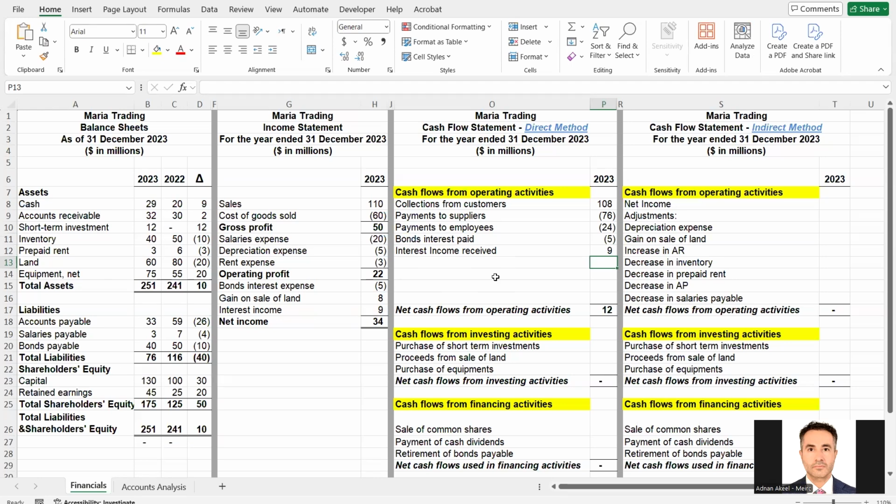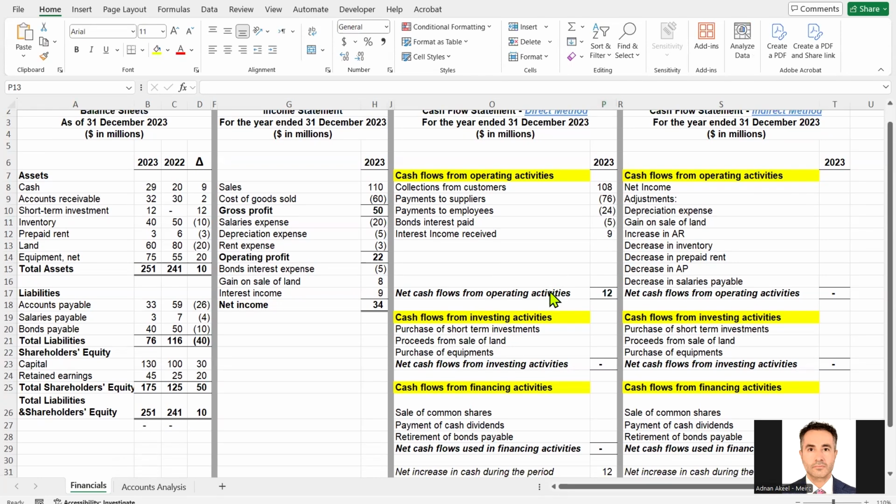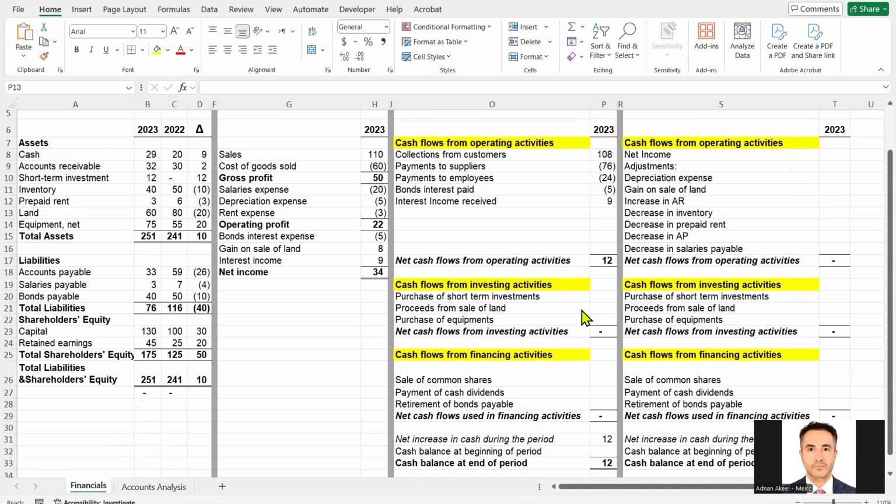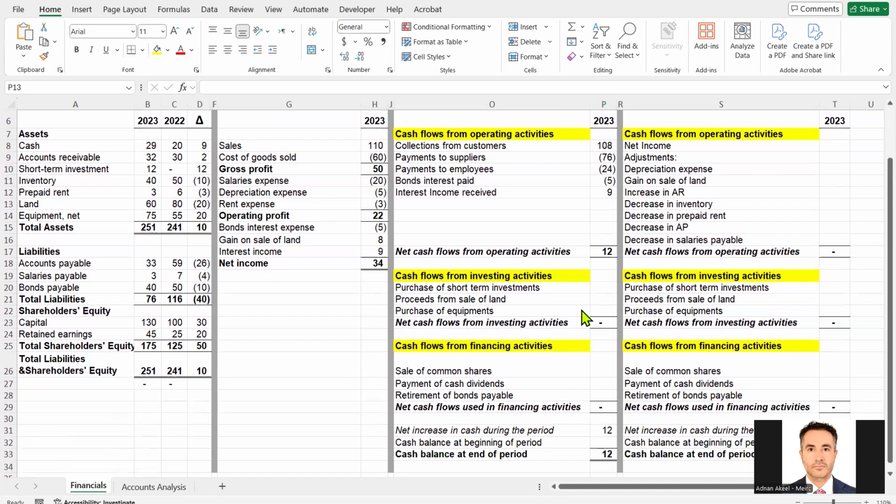Next, let me fill the investing activities first. So here, my purchase of short-term investment.